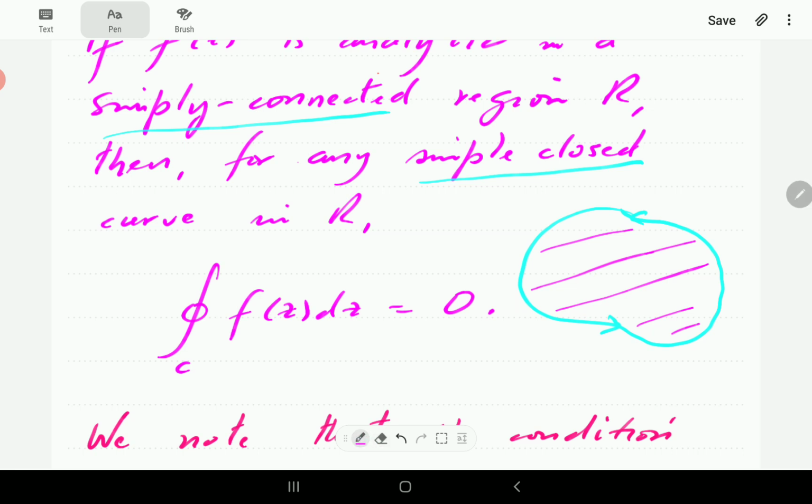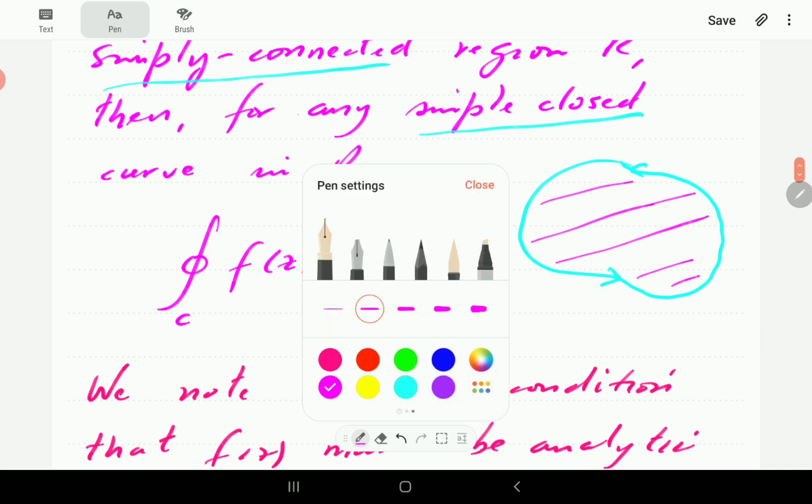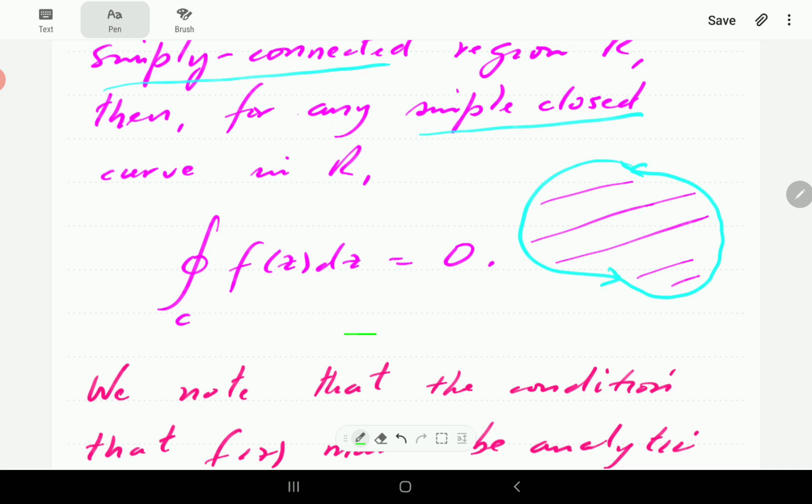Then if this is the definition of a simple closed contour, the contour should be closed and it should not intersect itself. So a region covered by a contour which is in the shape of an infinity sign is not going to be simple closed because it intersects itself once.